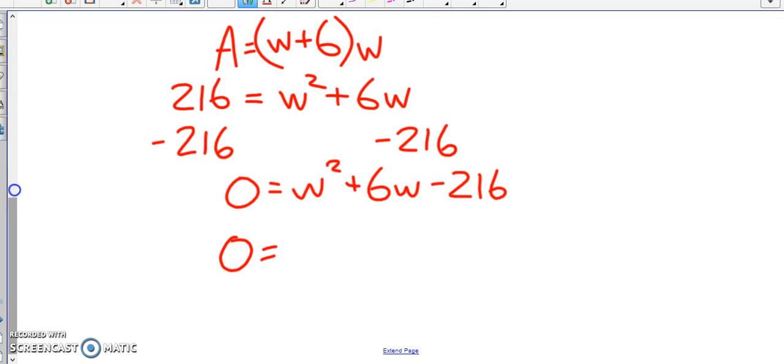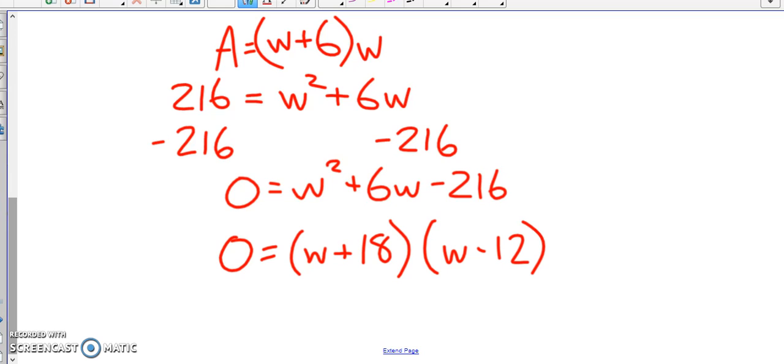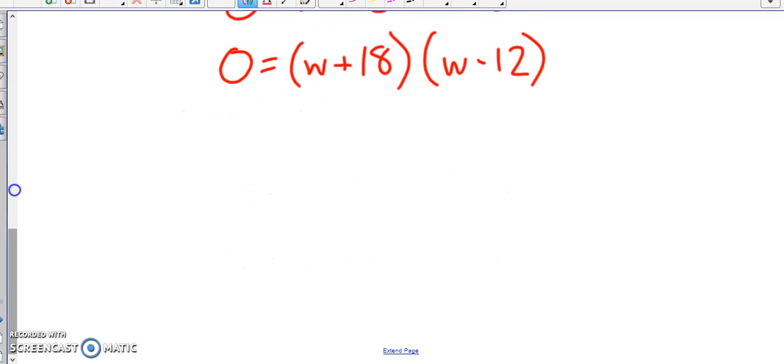And then you look at what multiplies to give you negative 216, but adds to give you 6. That happens to be 18 and negative 12. So then from here, you have W equals negative 18 or W equals 12.